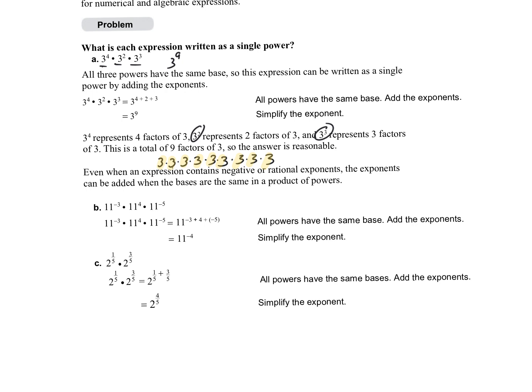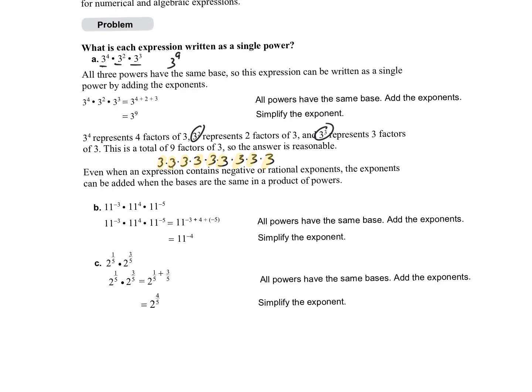Now, if you follow the rule, you don't have to expand them to prove it, but it is good to understand how it works. So even when the expression contains negative or rational exponents, the exponents can be added when the bases are the same in a product of powers. So for example, here we have 11 to the negative 3 times 11 to the 4th times 11 to the negative 5.